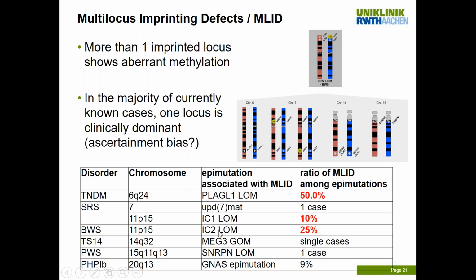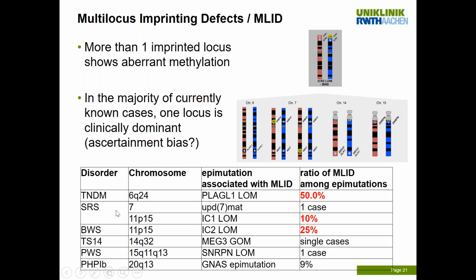For example, in Beckwith-Wiedemann syndrome, all cases identified with MLID have been identified on the basis of imprinting center 2 loss of methylation, and then it turned out by further tests that they were affected by MLID.